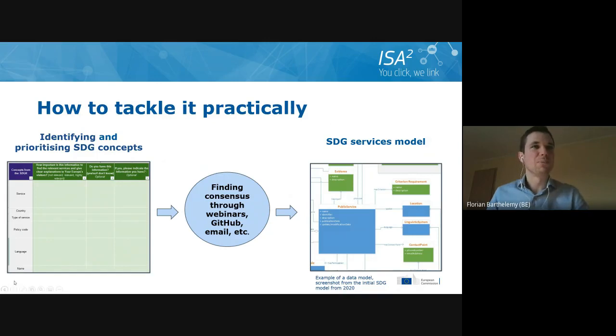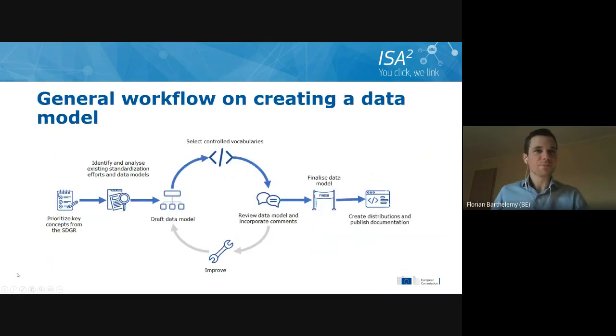And then going a bit more into the details. What are the key steps we see as part of the process for creating this data model? Today we have the prioritization of the key concepts, as mentioned.